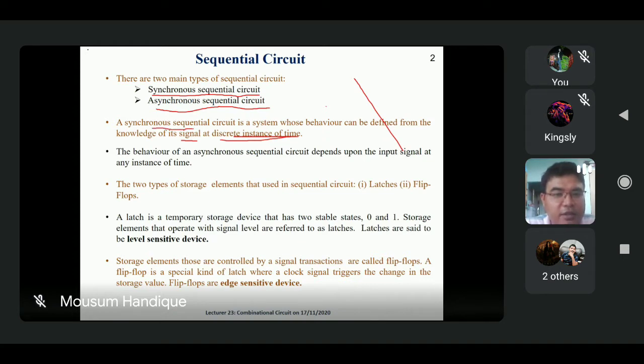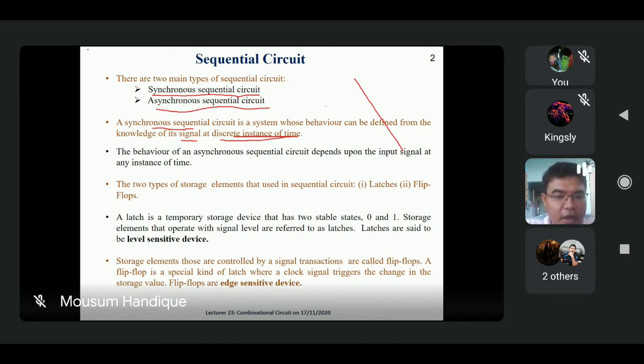I will explain later how we design the sequential circuit and all those things. So when someone asks you what a sequential circuit is, it is gaining knowledge of signals, and those particular signals we are applying at discrete instants of time. That particular part you must remember.